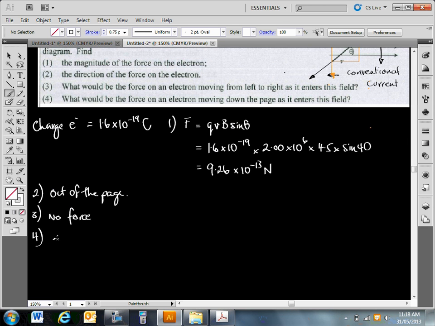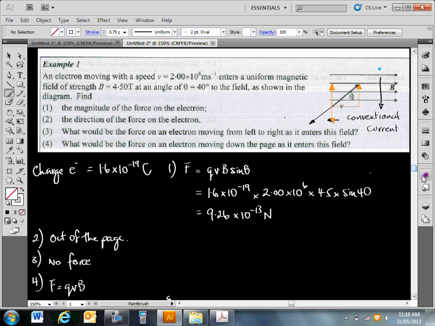Sine 90 equals 1, doesn't it? F equals QVB times sine of 90, which is equal to 1. The charge is 1.6 times 10 to the minus 19, times 2.00 times 10 to the 6, times 4.5 tesla. I get a value of 1.44 times 10 to the minus 12 newtons.